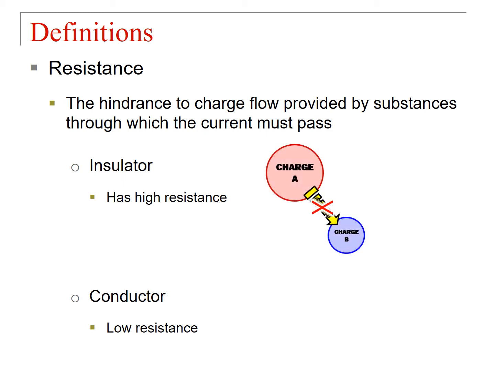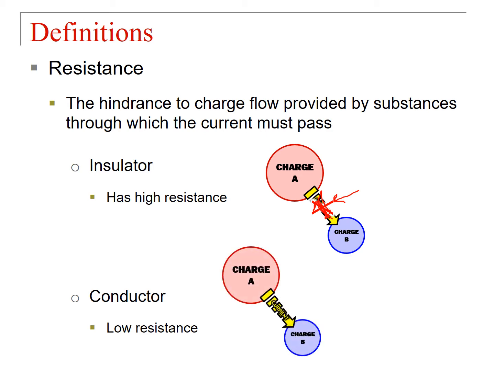An insulator is something that has high resistance, and you can see the red X right here between charge A and charge B. Basically this is going to cut down on the amount of current coming through. It can slow down, or in some cases completely stop, the movement of charge, the current, between charge A and charge B.